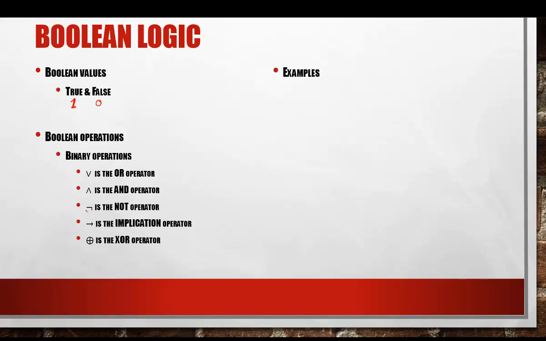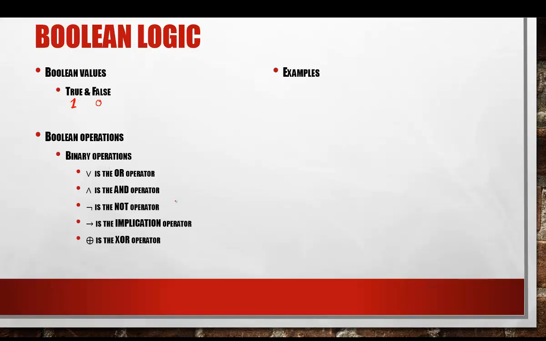In fact, all of these Boolean operations can be represented by only the not and the and operators. Boolean operations are binary operations, in that they take two operands and combine the logic of those operands together to give you one value.